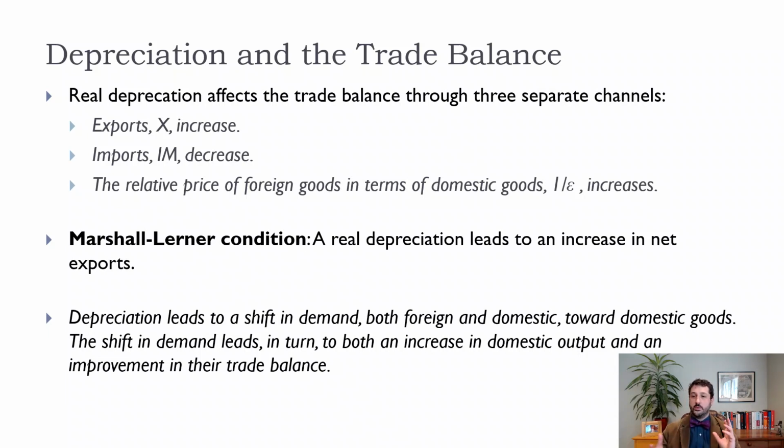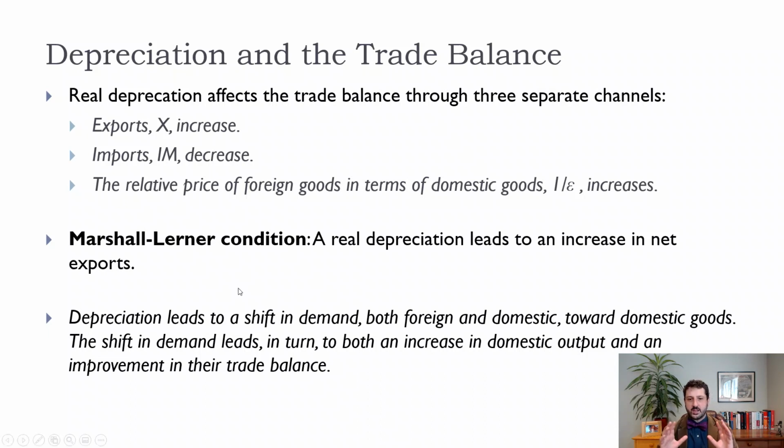So when we have this depreciation, right, so if the dollar gets weaker, for example, then that leads to a shift in demand towards domestic goods, both because imports are more expensive, so we don't buy them as much in the United States, and our exports are cheaper for foreign consumers, and so they buy more of them. So that's domestic goods for us as well.